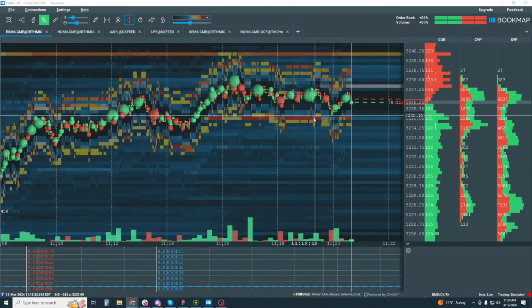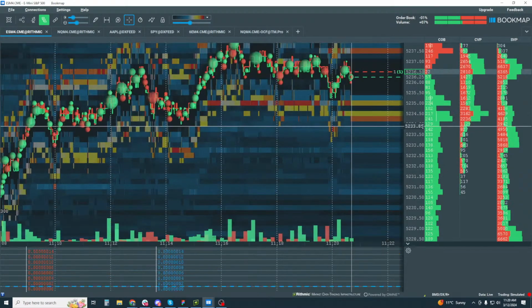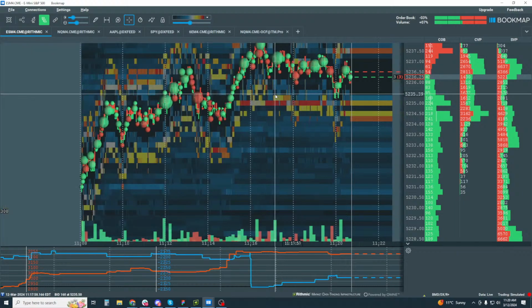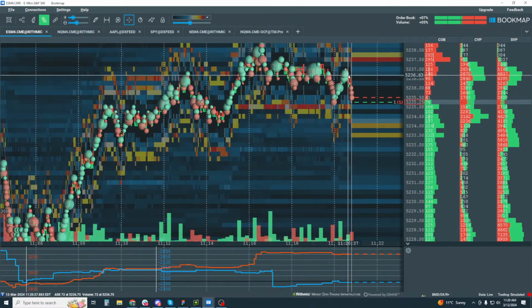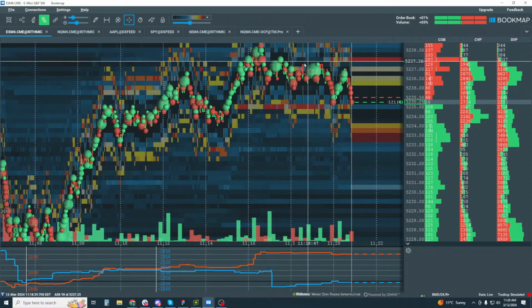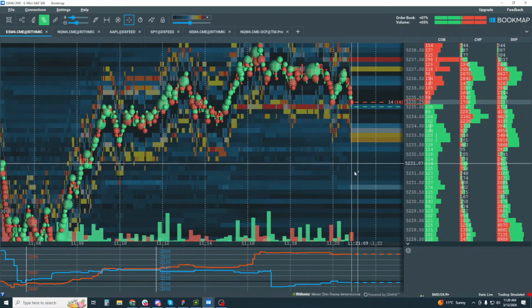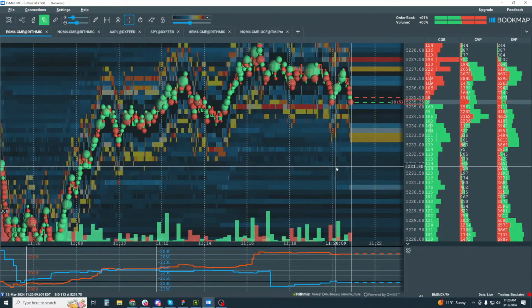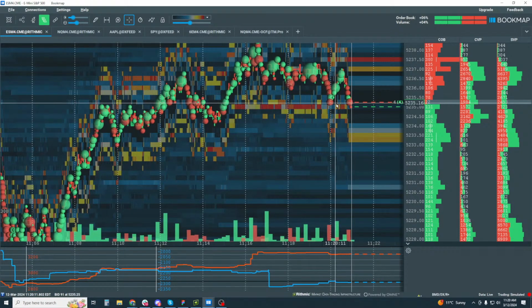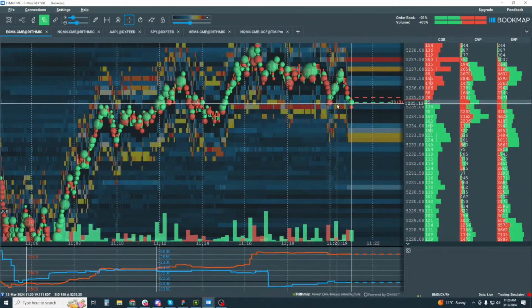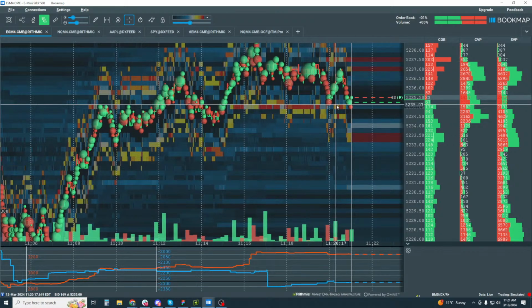All right, guys, still looking for this to go higher here. We just had a bit of a pullback in here, but here's our sellers versus our buyers. Okay, so we're still seeing more buyers here. So we're going to stick with that side until we see something different.